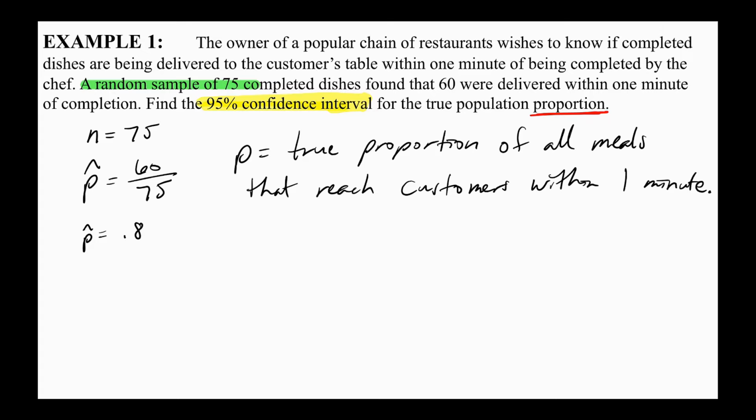He or she wants to know the true percentage of meals that are getting to the customers within 1 minute. So they take a sample of 75. Out of those 75, 60 of them get there within the minute, so about 80%, right? So our true proportion, p, we don't have p, but it's going to represent the true proportion of all meals that reach the customers within 1 minute. Okay.